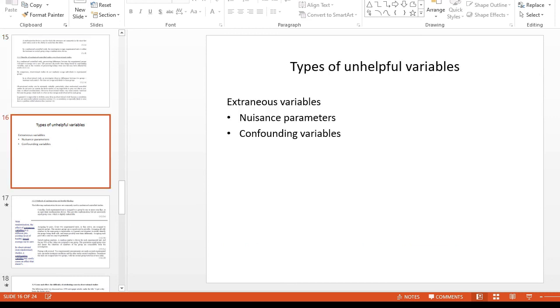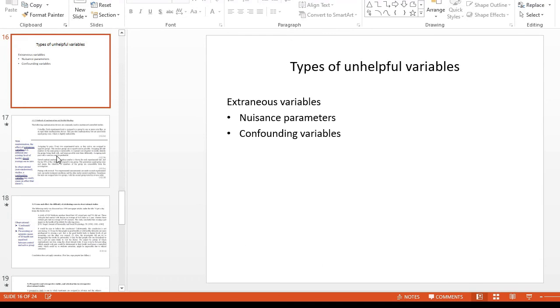Types of unhelpful variables: I've used the term confounding variable. That is a technical term. A confounding variable is something which varies between your treatment group and your control group, which you didn't control for, and which introduces an actual physical extra effect which throws off your conclusion as to how good the treatment is.